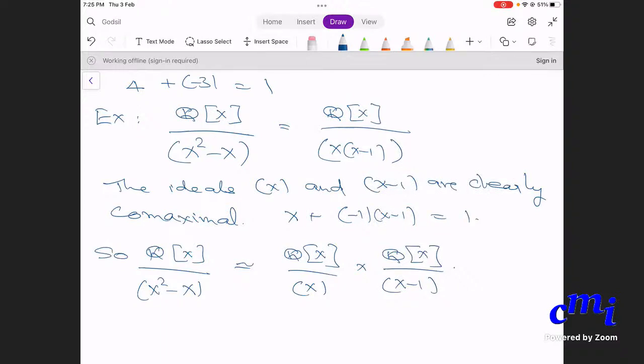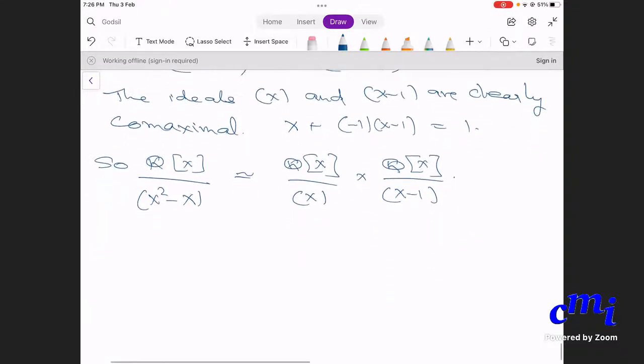But using this consequence of the Chinese remainder theorem, we can go a little further. So what further can you go? We can ask, what about this Q[x] mod x separately? What ring is this and what ring is this? I claim that both those rings are isomorphic to Q. I claim that Q[x] mod x is isomorphic to Q as a ring, and Q[x] mod x minus 1 is also isomorphic to Q as a ring.